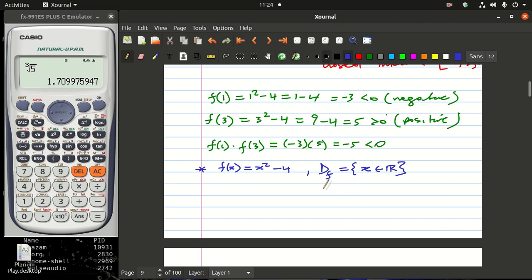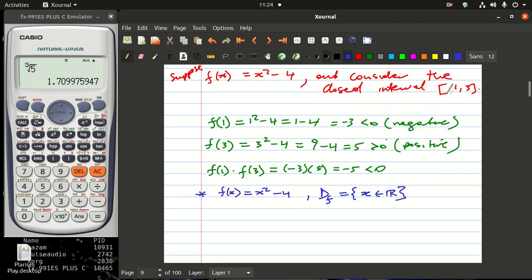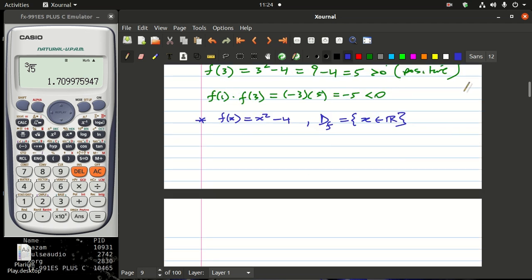And now, when I'm actually looking at this interval that is given here, 1 to 3, this one here is actually contained inside. So this interval is contained inside this domain here.